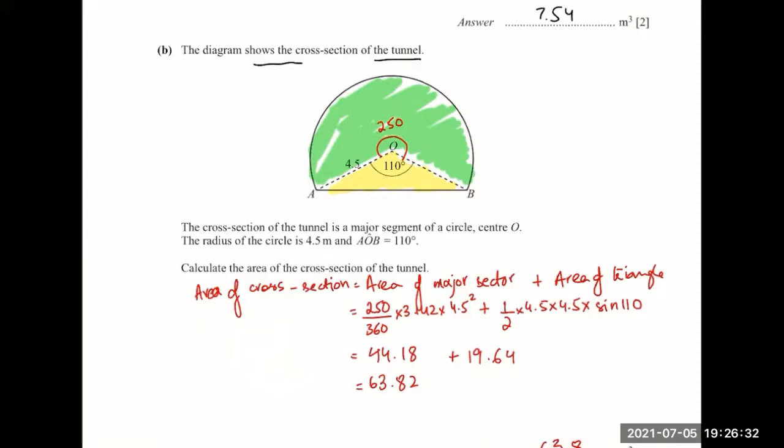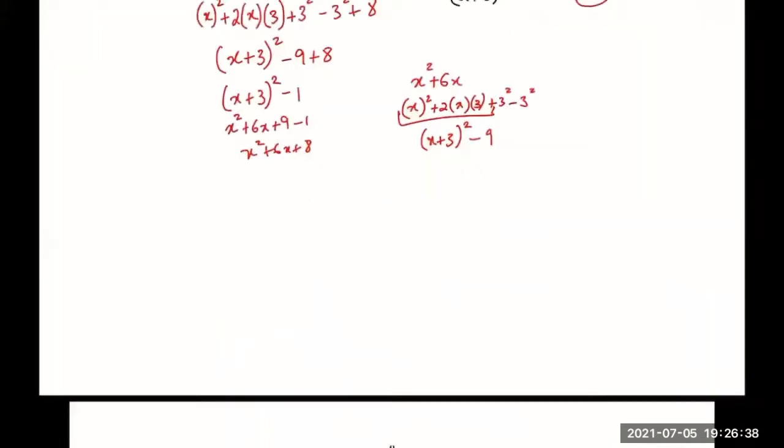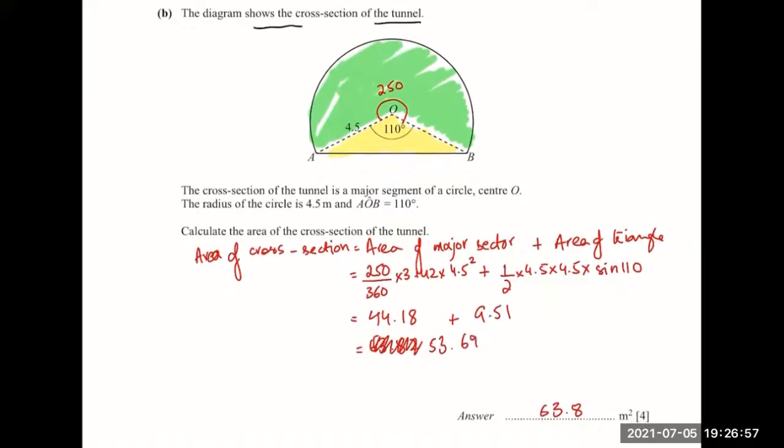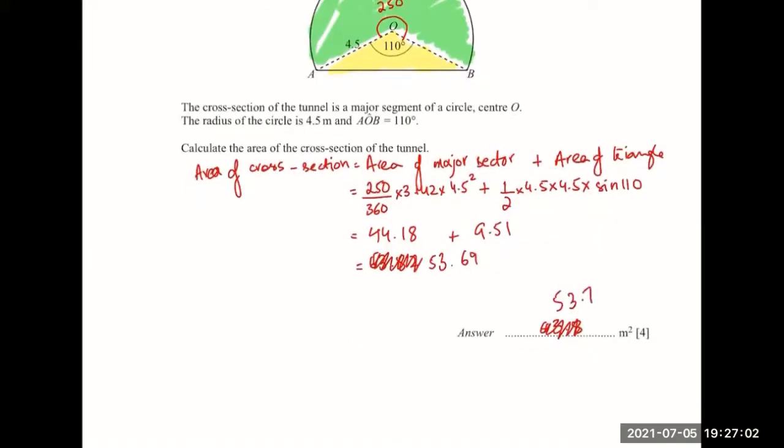Okay, I didn't divide by 2, my bad. So 53.7. Thank you. I made a mistake.